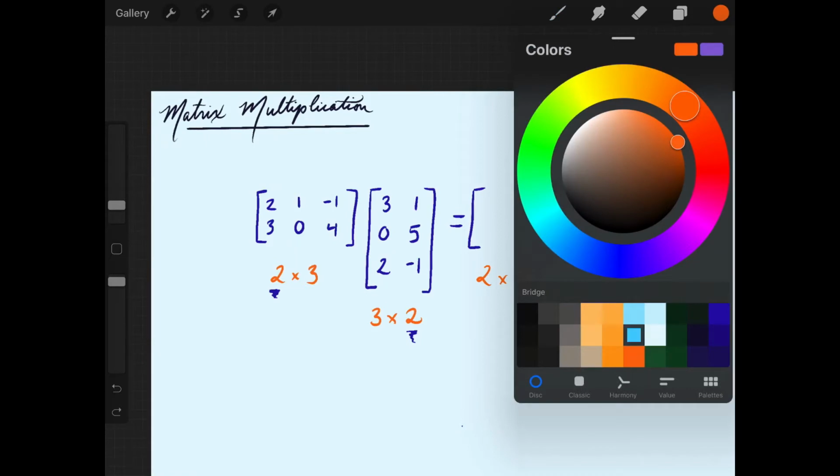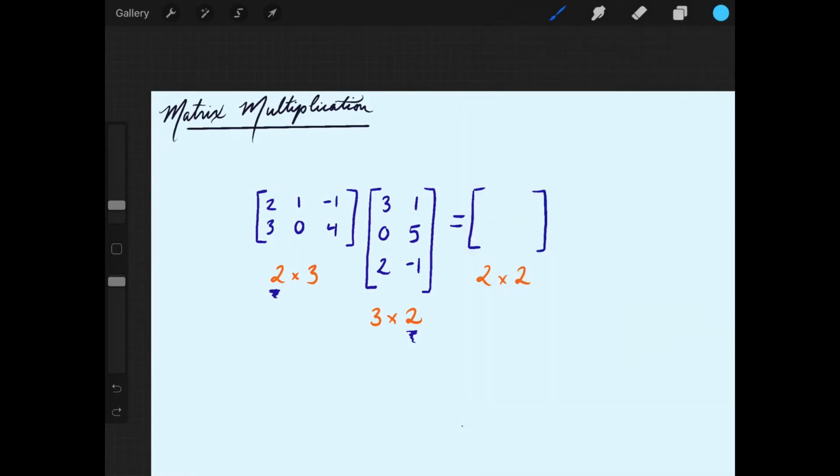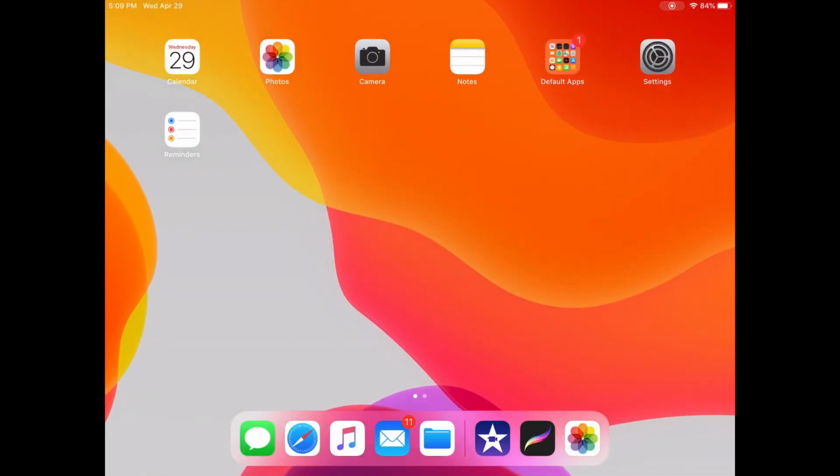We're going to start by trying to get the element that belongs in the first row, first column. How do we get that number? Well, here's how we do it. We are going to get it by looking at the first row of the first matrix and the first column of the second matrix. Just pause for a second.